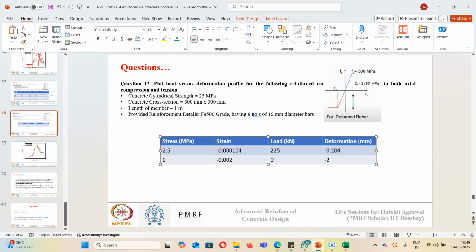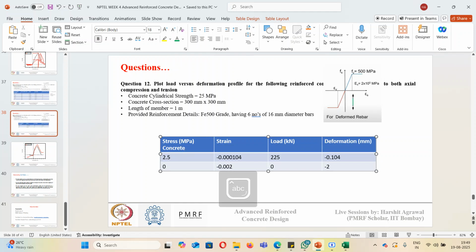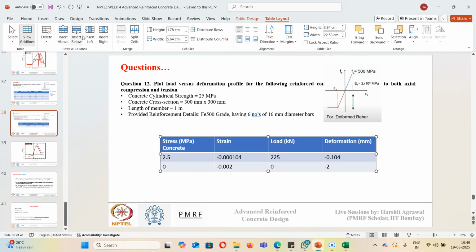Okay, so this is the strain. I will add, this is due to concrete. Then there will be one more column here which will be stress in MPa due to steel. It will remain the same in both cases, and load will change this time.